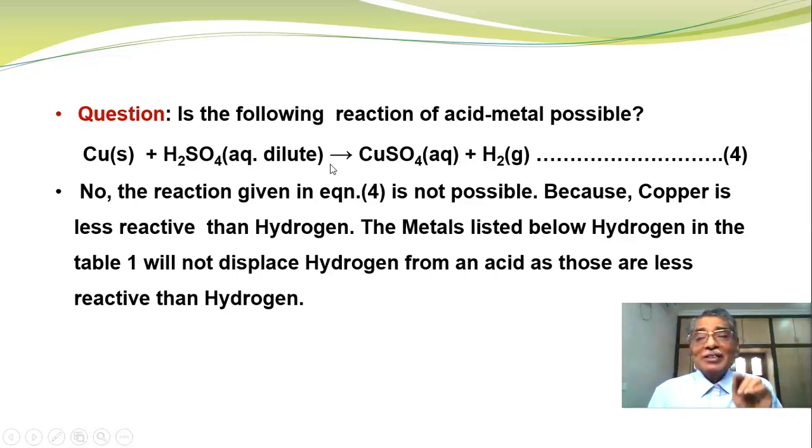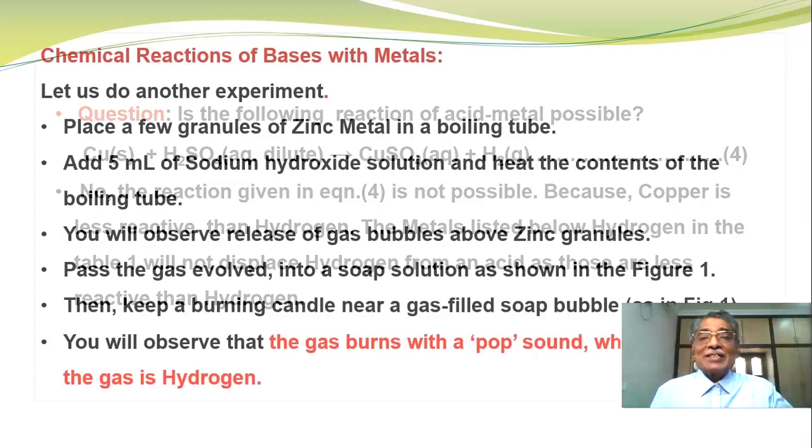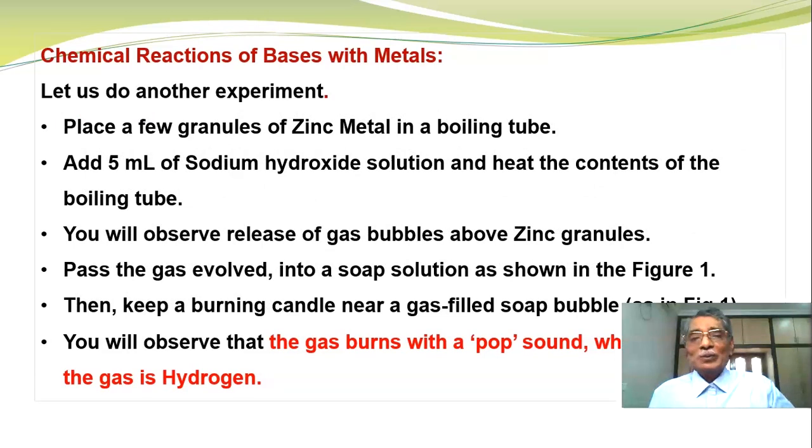No. The reaction given in equation 4 is not possible because copper is less reactive than hydrogen. The metals listed below hydrogen in table 1 will not displace hydrogen from an acid, as those are less reactive than hydrogen. Now, let us try to understand chemical reactions of bases with metals.